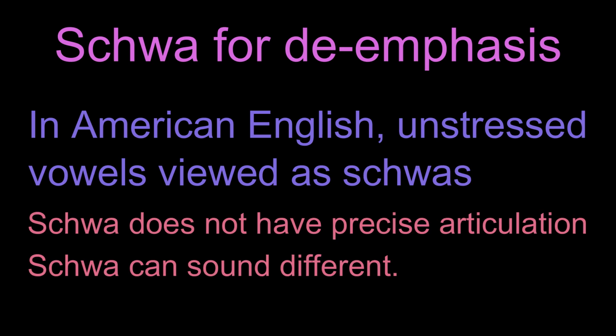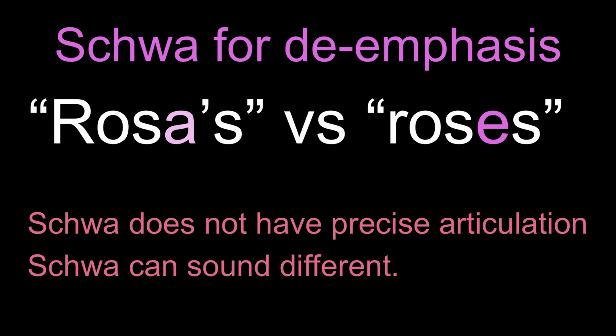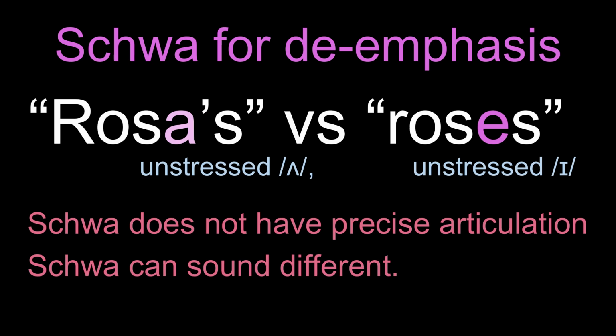Naturally, schwa does not have precise articulation. So, schwa can sound different since its actual pronunciation depends on the neighboring sound. For example, in Rosa's versus roses, the A in Rosa's is an unstressed A but the E in roses is an unstressed I. Despite this difference in auditory quality, both are viewed as the schwa sound.